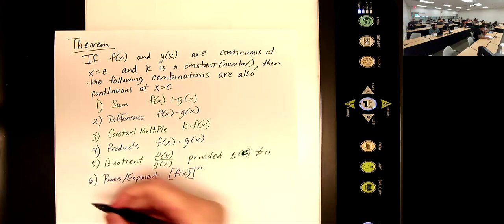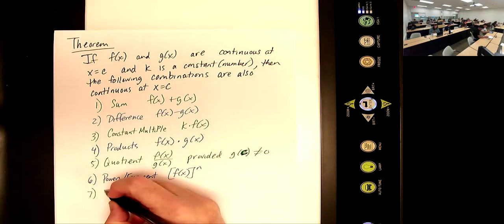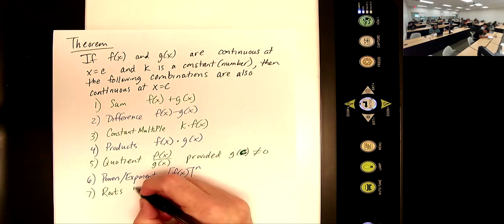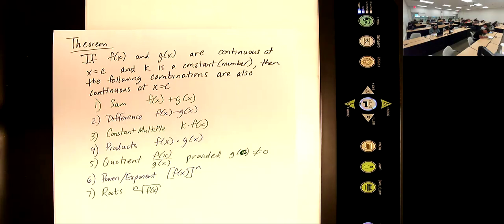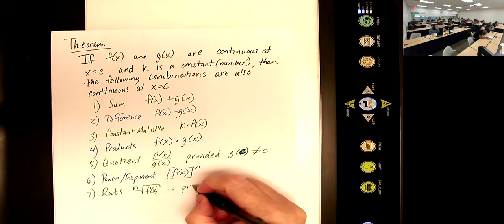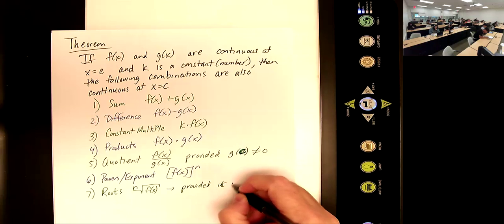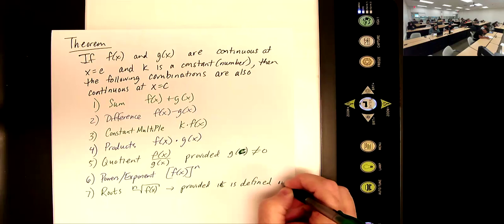And since powers work, roots work. Roots are just an exponent. The nth root of f of x. This we do need to say, provided it is defined on an interval containing c.